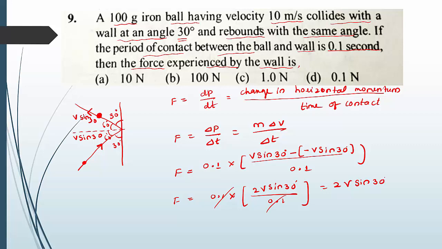Substitute their value. 2 into velocity is given, 10 meter per second. Sin 30 is 1 by 2. So 2 and 2 will get cancelled. So we will get the final answer F equal to 10 Newton. So the force experienced by the wall is how much? 10 Newton. So option A is the right answer.